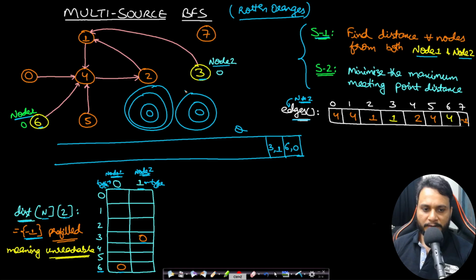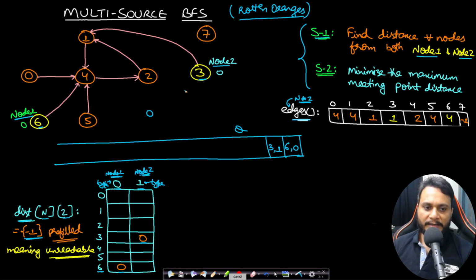So all the sources will be expanding at the same speed, and therefore whoever is closer to 1 will reach 1 first, and whoever is farther away will reach there later. So in the worst case, I will be traversing each node 2 times because each of the nodes also has out degree maximum 1, isn't it?